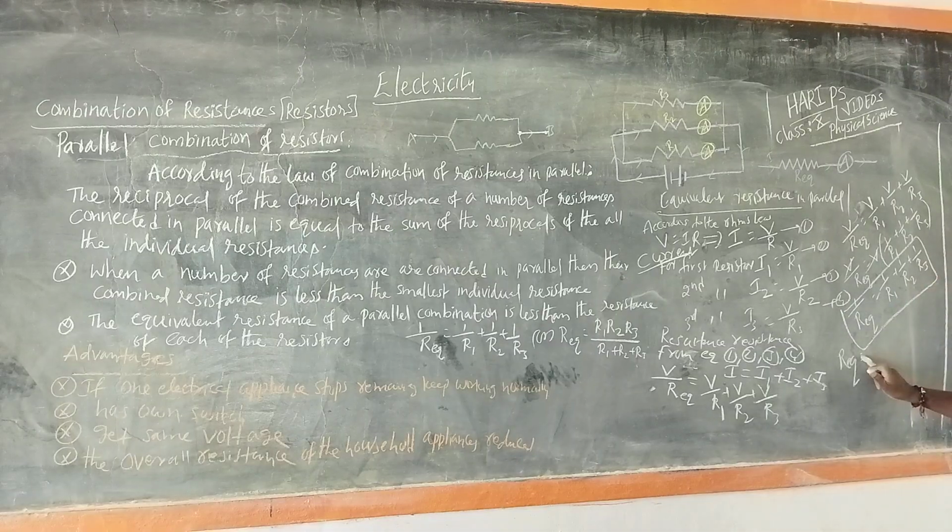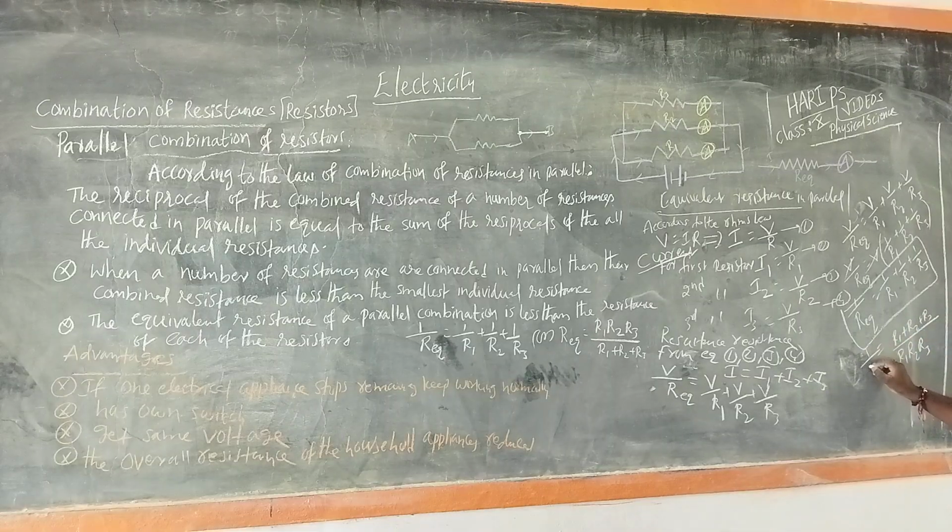So by rearranging, we can write R eq is equal to, let us take the LCM. The LCM is R1, R2, R3. Then finally we write R1 plus R2 plus R3.